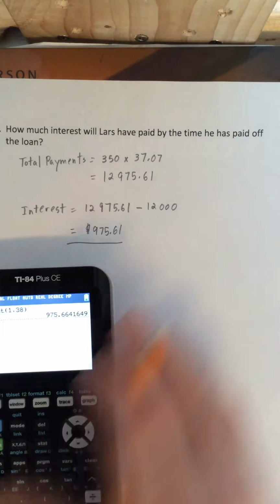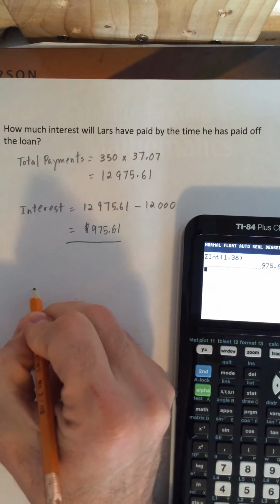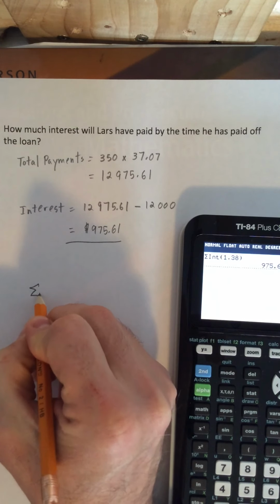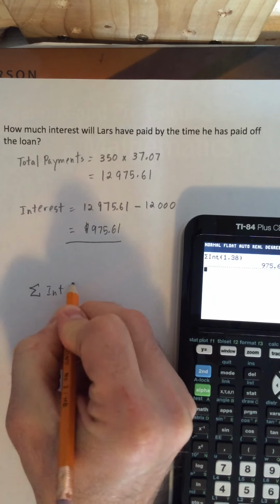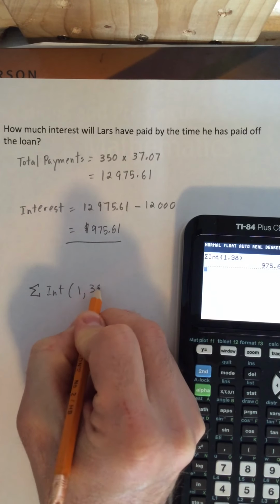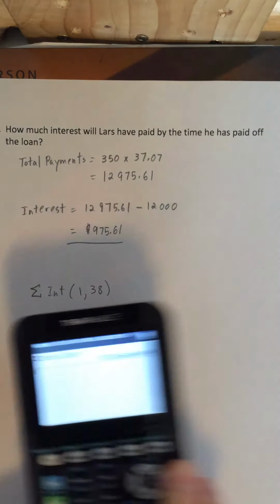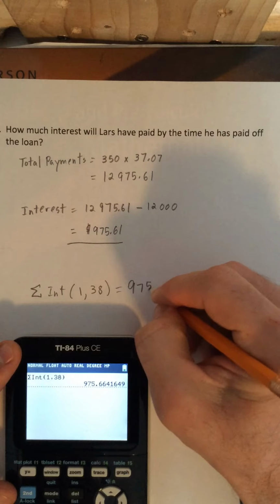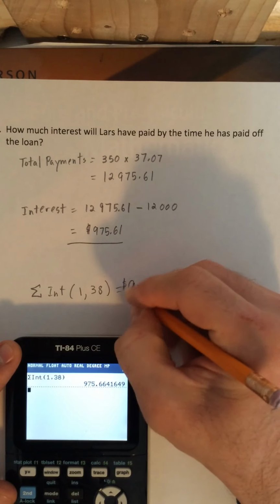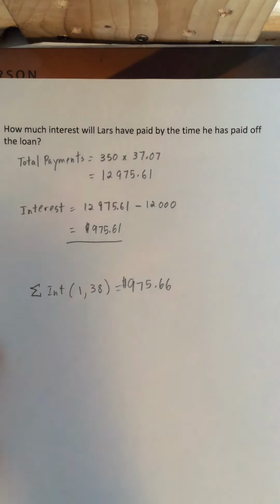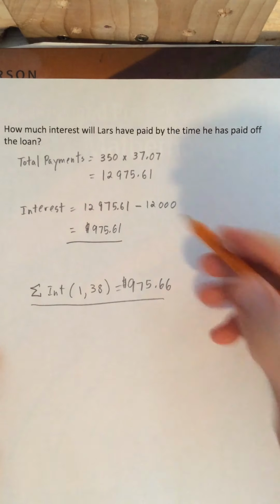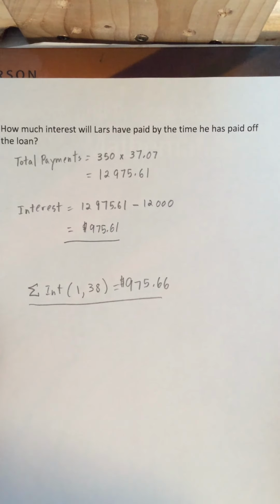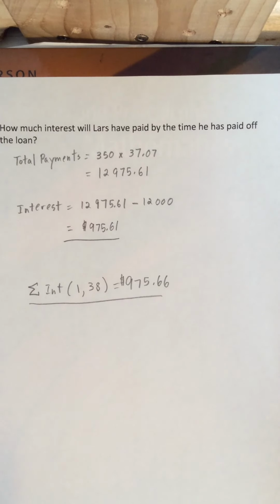All that I would expect you to write is that the sum of interest from month 1 to month 38 is equal to $975.66. Now there is a slight difference in the answers, but they are so close that it is hardly worth saying that it's wrong. Okay, so either of these are proper options.